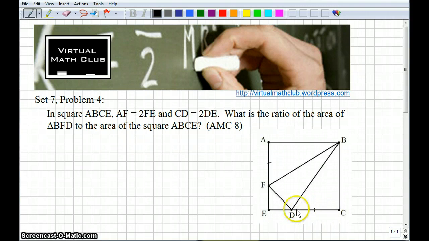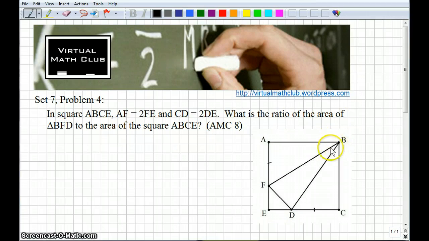Pretend that divides CD into two equal pieces. So then these two segments that I divided CD into should be the same as the length from D to E.